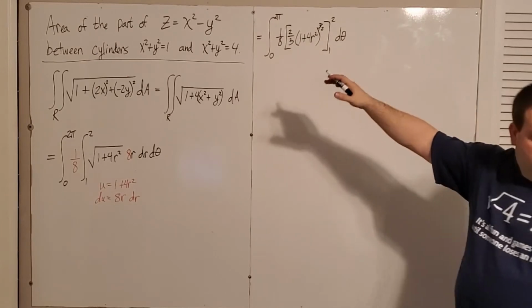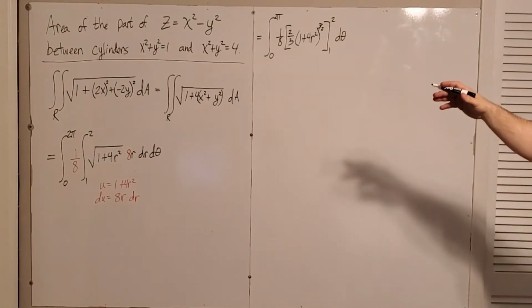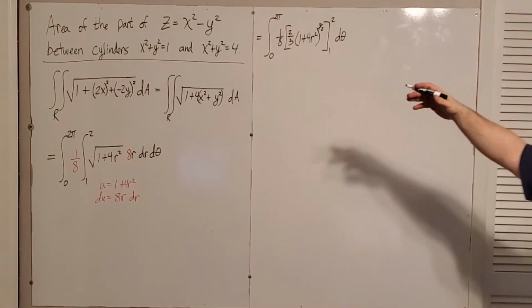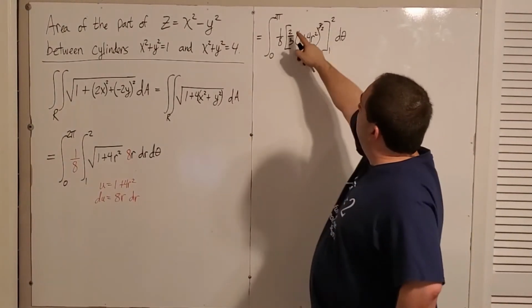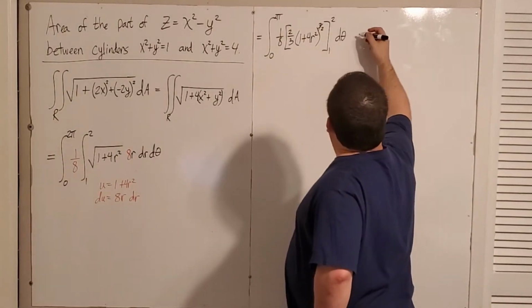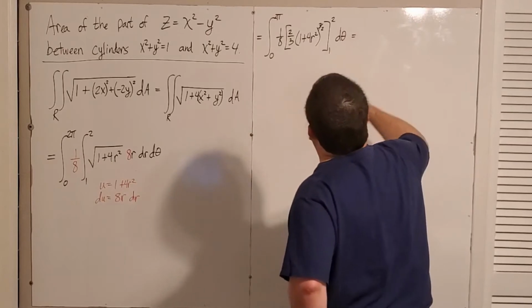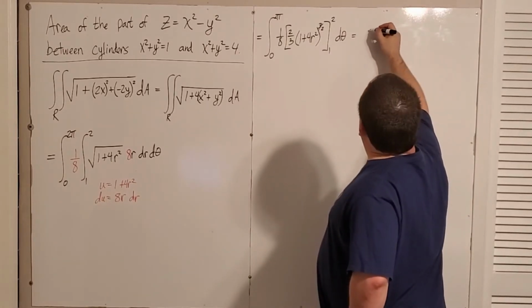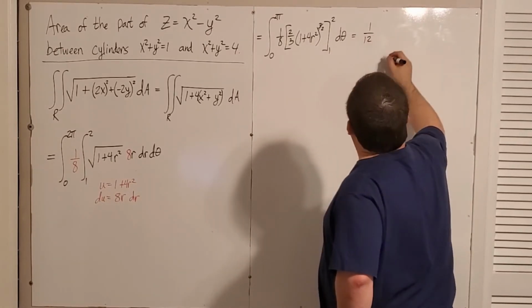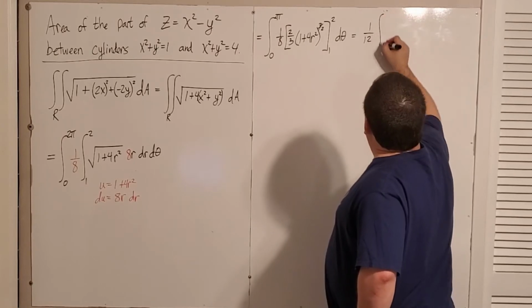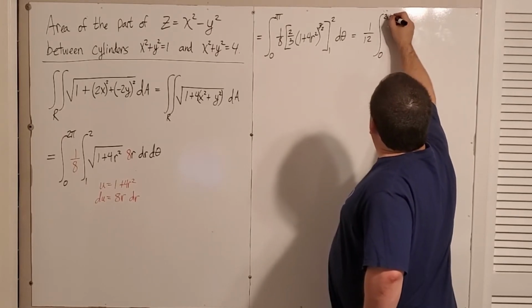Okay, so now I'm going to have a 2/3, and then the 1/8. That's going to give me a 1/12. And then I've got my integral from 0 to 2 pi.